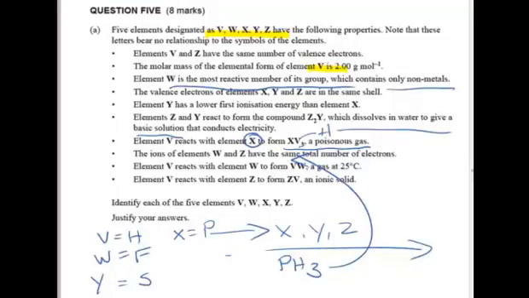And then when we're looking at Z, it reacts with, now we haven't done V either, have we? So let's have a look at V. V and Z have the same number of valence electrons. Sorry, Z, we haven't done Z. Z has, where else do we see it?